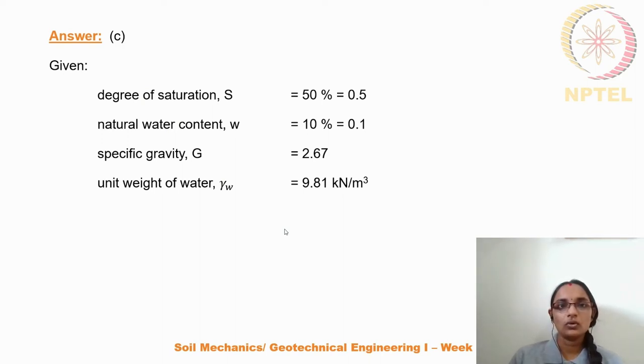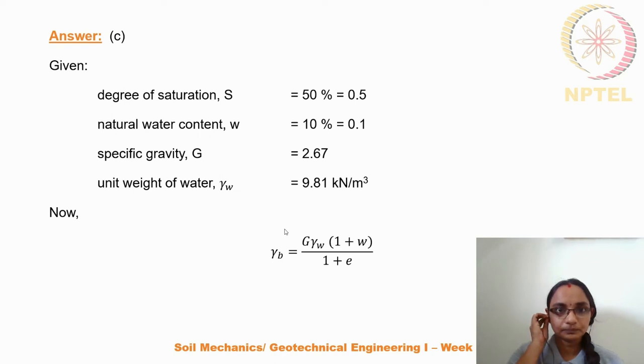The equation for bulk unit weight gamma b is equal to G gamma w into (1 plus w) by (1 plus e).